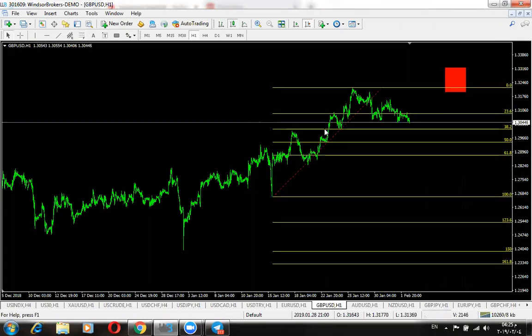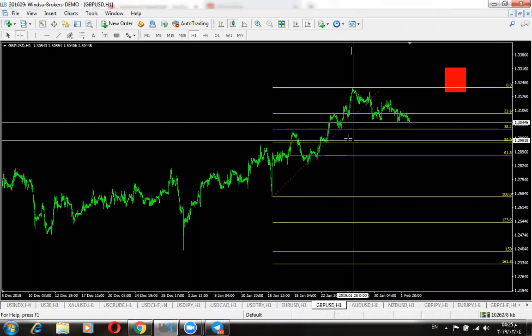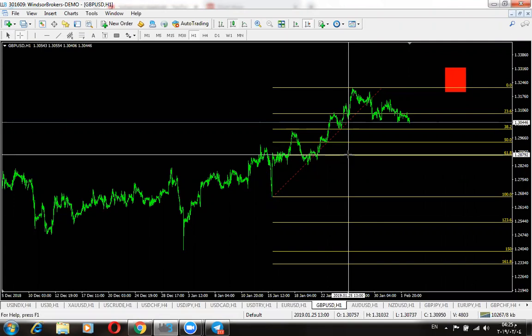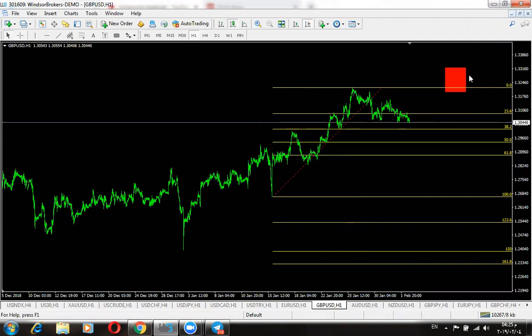So we are expecting the price to go down to either the 50% line or 61.8.